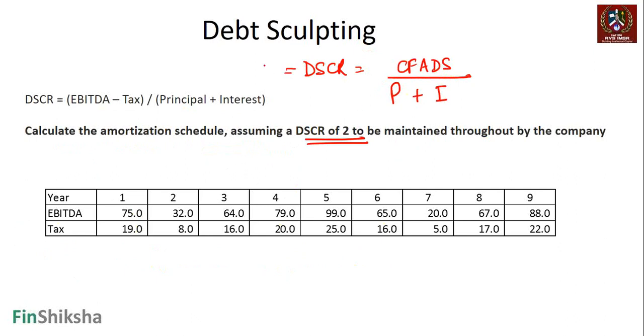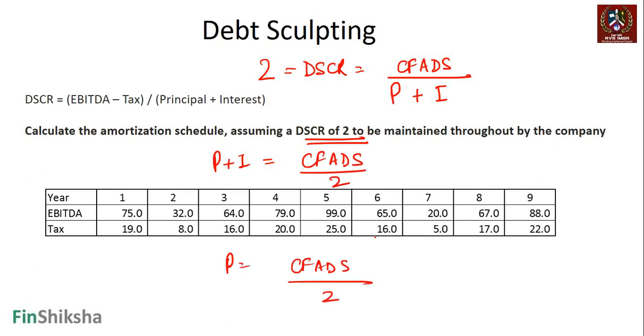We are saying this should be equal to 2, which basically means principal plus interest should be cash flow available for debt service divided by 2, and consequently, principal should be CFADS divided by 2, whatever debt service coverage we have to maintain, minus the interest component. Correct? That's what we're looking at.